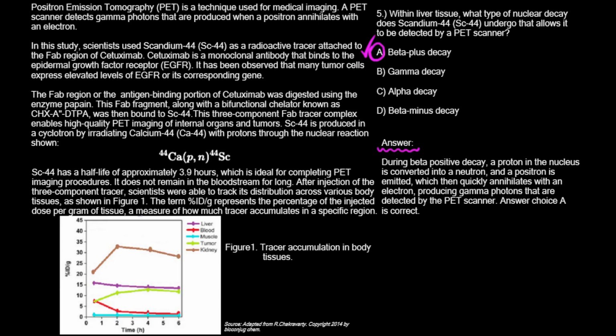The name positron emission tomography also hints at that same answer. So scandium 44 undergoes beta positive, or beta plus, decay, producing a positron that annihilates with an electron and emits a gamma photon, which is detectable by a PET scanner. So the correct answer to this question is answer choice A.